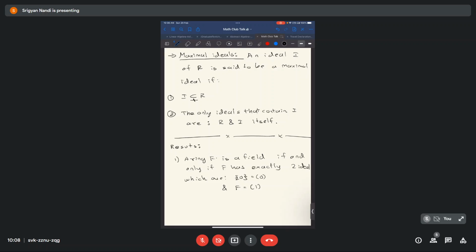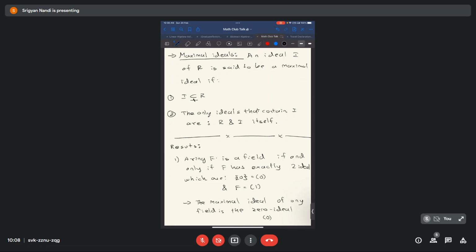Since there are only two ideals, a field has a maximal ideal. In fact, every ring has a maximal ideal, as you have seen from Zorn's lemma in the previous talk. So the maximal ideal of any field is the zero ideal.